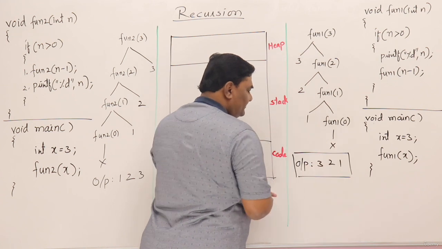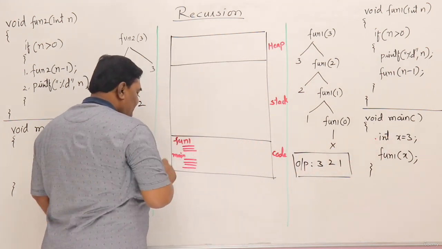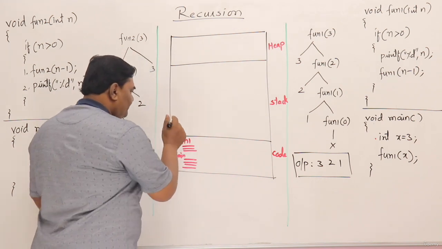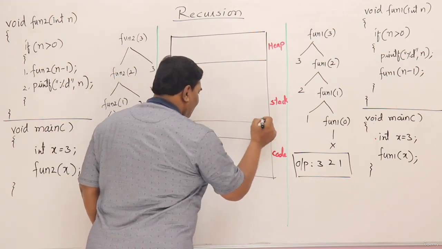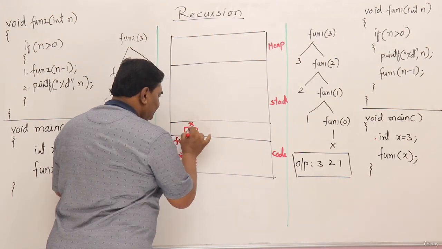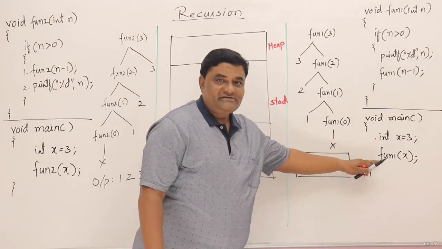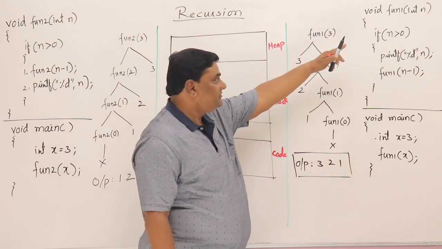In that main function, this is the first statement, that is X is created. So an activation record for main function is created, and it will have its own variable, that is X, having value 3. Then the very next statement is a call to function fun1.